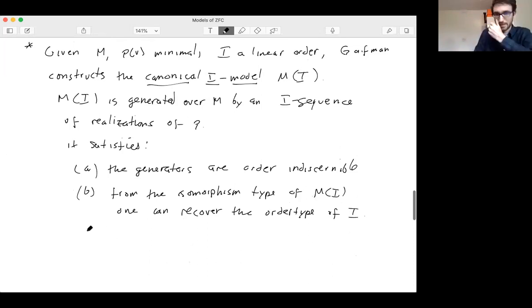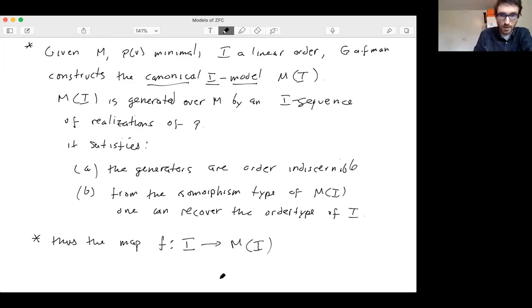But so essentially, thus the construction, the map F, which from a code for a linear order produces a code for M(I), is the Borel reduction we desire. So we're trying to show that these models are Borel complete. We know that linear orders up to isomorphism are Borel complete.